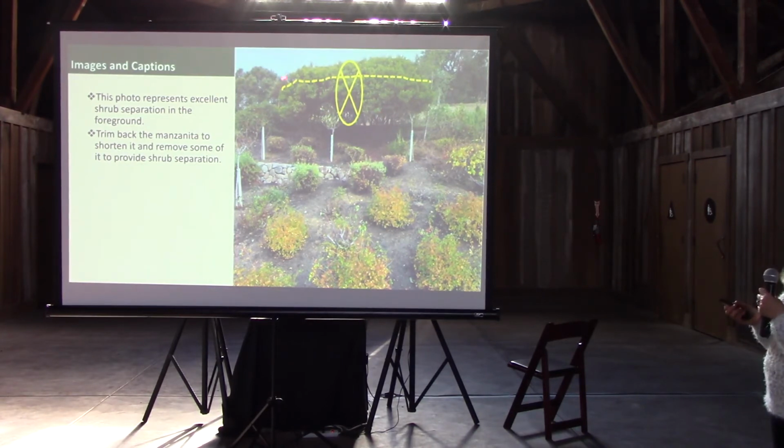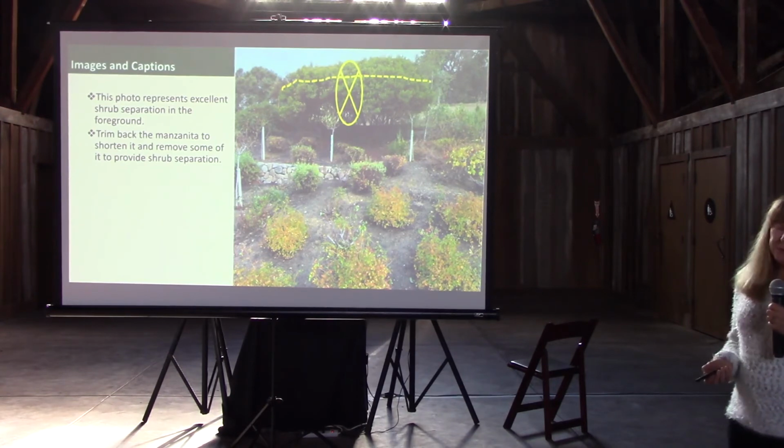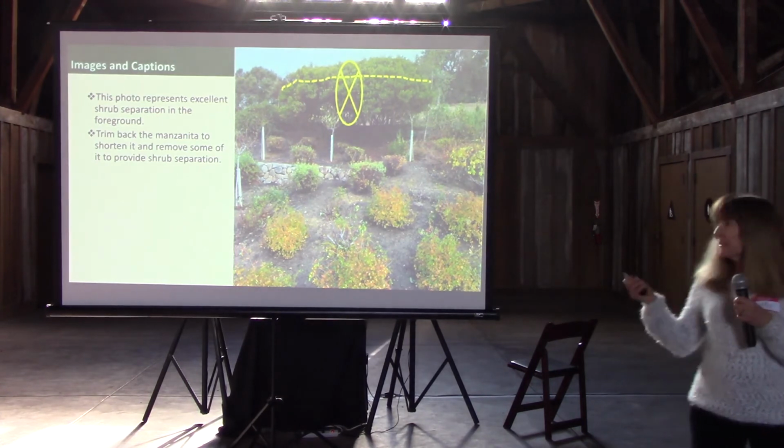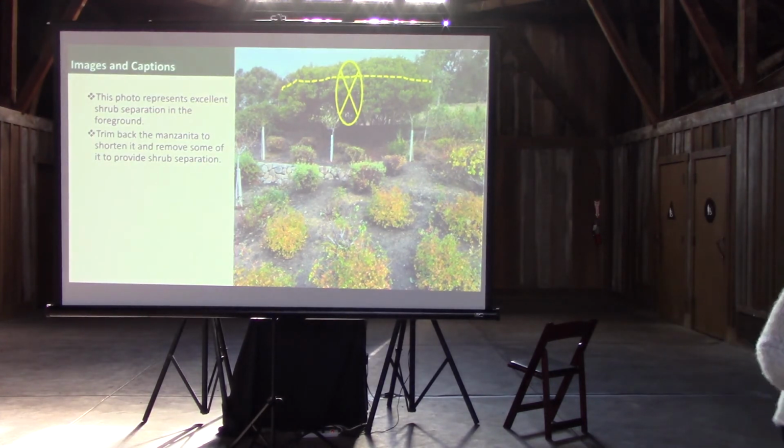And trimming them down, I'll show you some more about Manzanita here. You have an opportunity to take out some of the dead, you have an opportunity to freshen it up. This kind of Manzanita comes back pretty well. So it might look a little stark at the very beginning when you first do it.